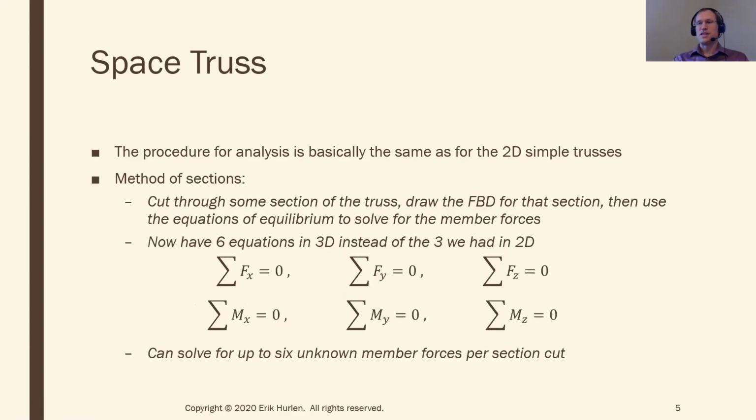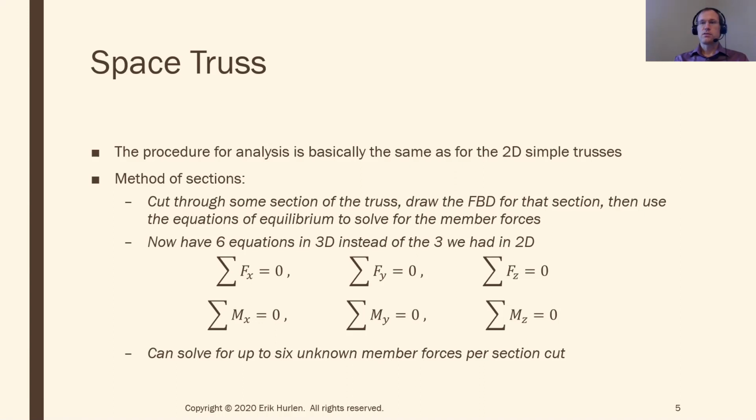And similarly, very similar method of sections. Method of sections, I come along and I cut this thing into 2 pieces. So I cut through a certain number of members and then throw away half my structure. On the other half, I replace whatever member I cut through with some internal force going in that same direction, and then do rigid body equilibrium on whatever's left over.